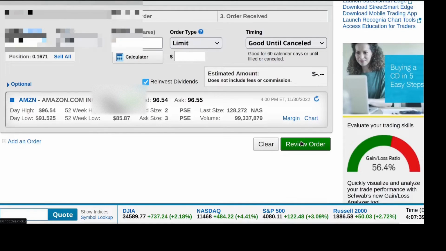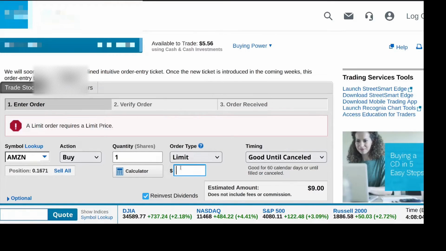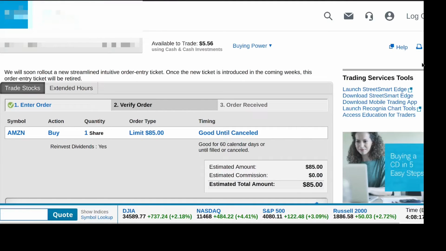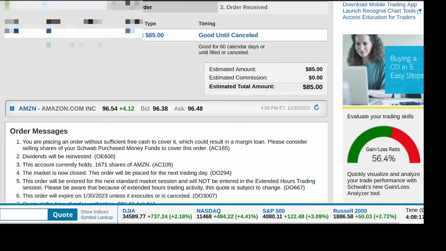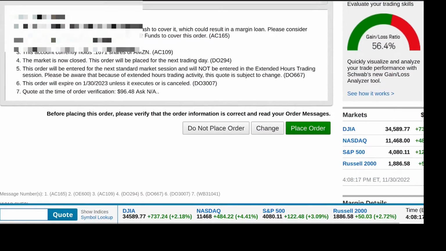And it's probably going to say we don't have enough money. So pretty similar interface as far as the buying goes.